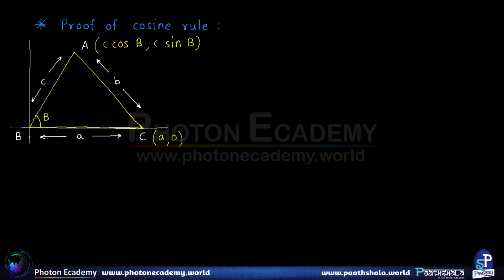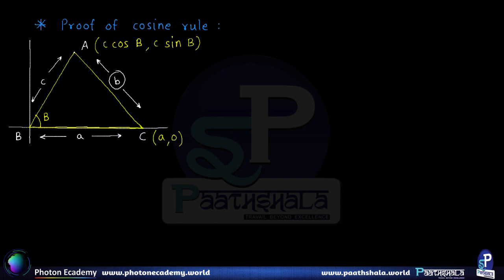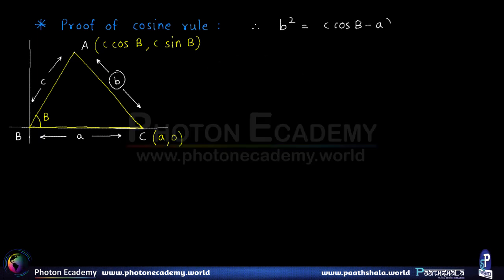Now we write the side AC in two different ways. First, side AC is nothing but small b. On the other hand, side AC can be found using the distance formula between points A and C. So we can write b square, which is AC square, equal to (c cos B minus a) the whole square plus (c sin B minus 0) the whole square.